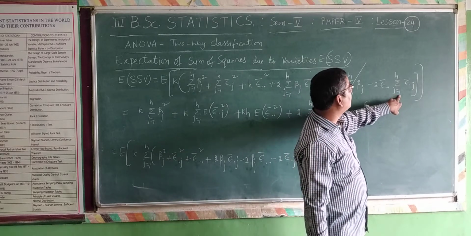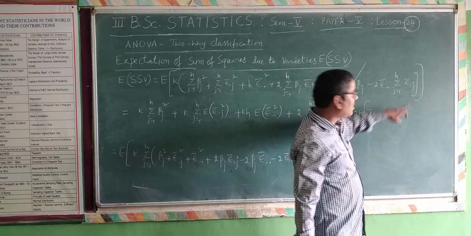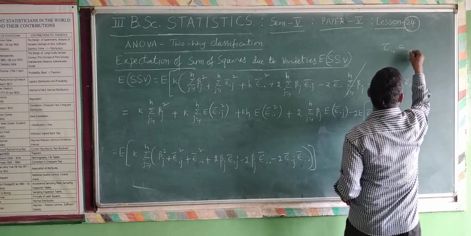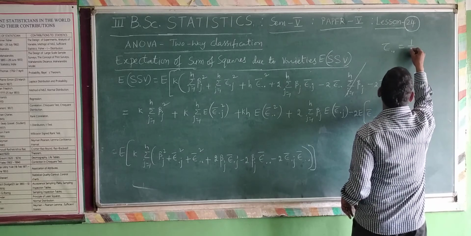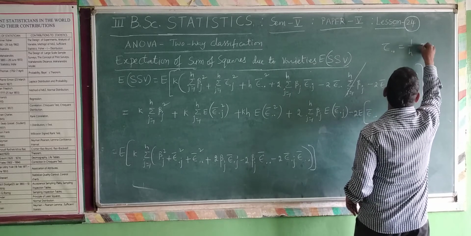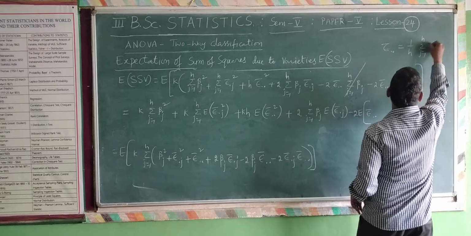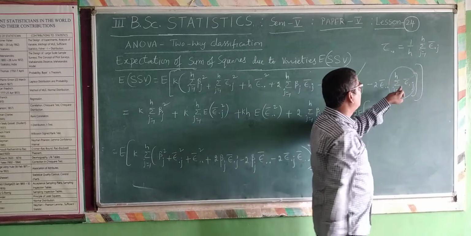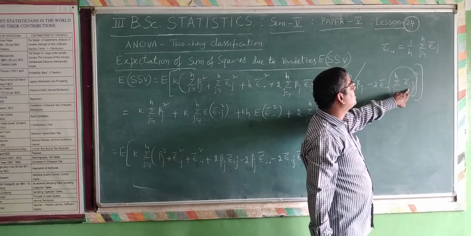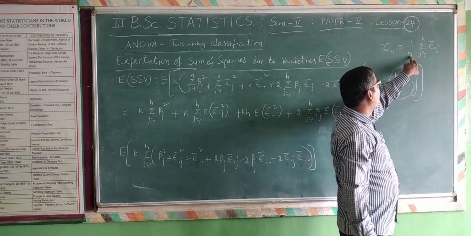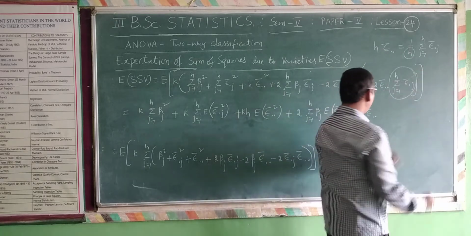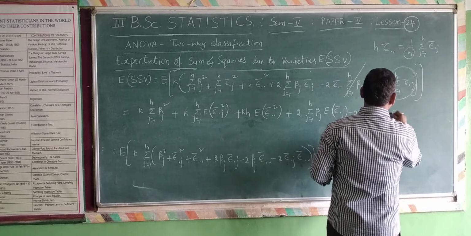This is nothing but h into epsilon bar dot dot, because the formula for epsilon bar dot dot can also be written as 1 by h into summation j equals 1 to h epsilon bar dot j. That is the term we have here. Hence if you take this h to the left hand side, h into epsilon bar dot dot is equal to this. So I am writing h into epsilon bar dot dot.